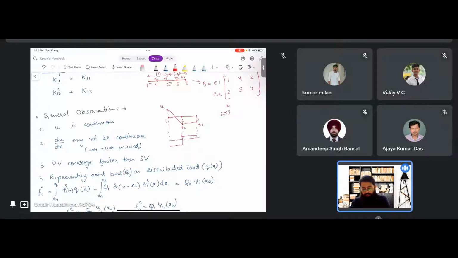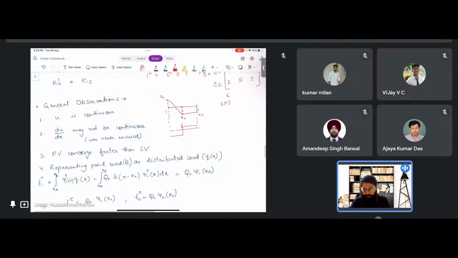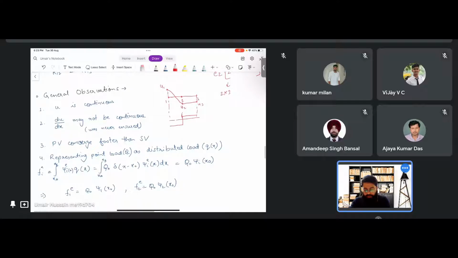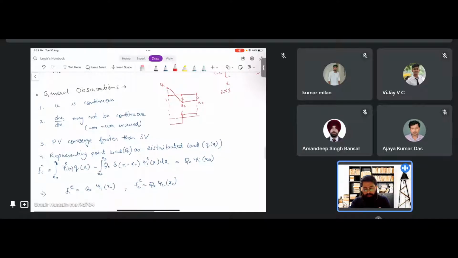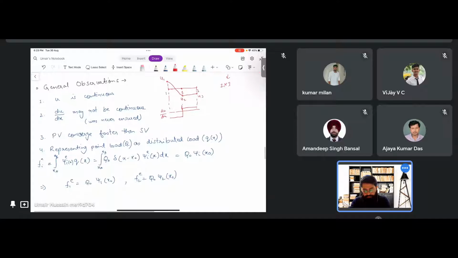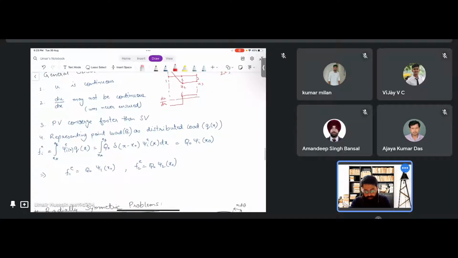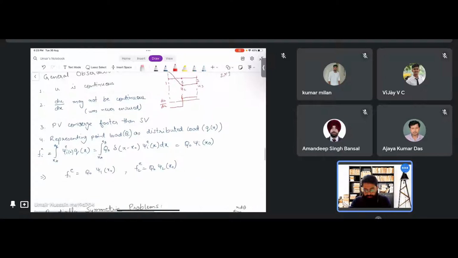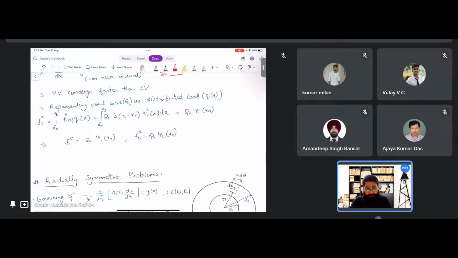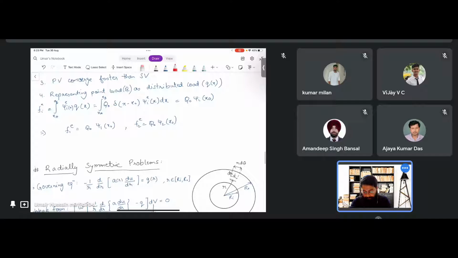So there's no continuity ensured for the derivative of u. That is why the convergence is easier for this primary variable than this secondary variable. Okay, we'll just skip this first.